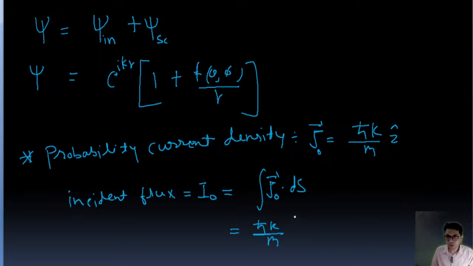So we put the value: this is h cut k upon m, which is the value of J naught, and z cap into ds.